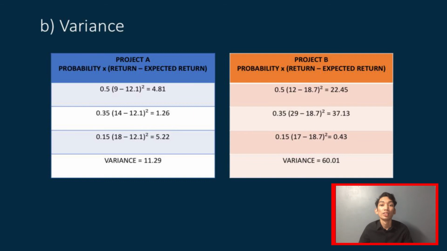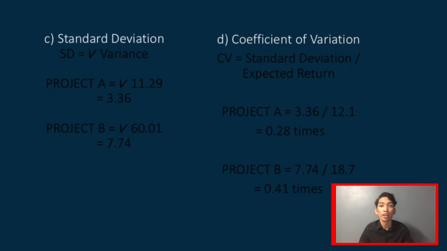And last, 0.15 bracket 17 minus 18.7 bracket power of 2 equals 0.43. So the total variance of project B is 22.45 plus 27.30 plus 0.43 equals 50.18.